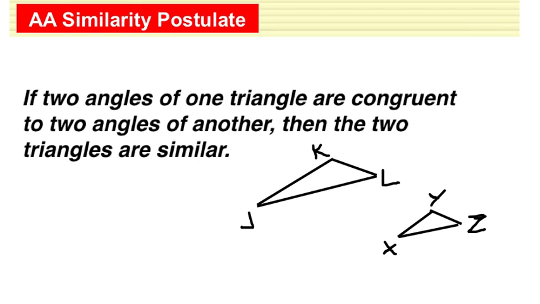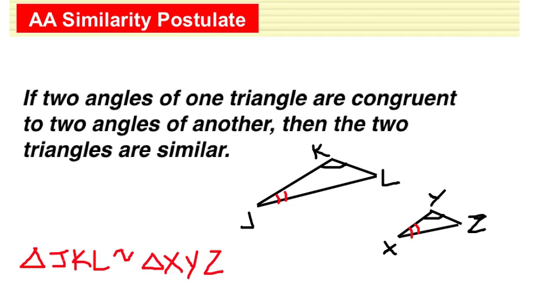For example, suppose we have triangle JKL and triangle XYZ, and the following markings were given to show that angle K is equal to angle Y, and angle J is equal to the measure of angle X. Since two angles of JKL are congruent to two angles of XYZ, we can therefore conclude that triangle JKL is similar to triangle XYZ, meaning all of their sides would be proportional.